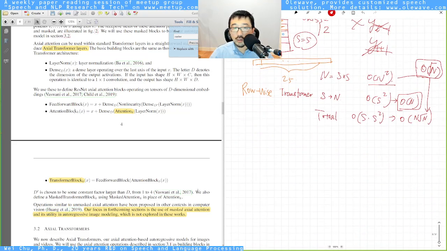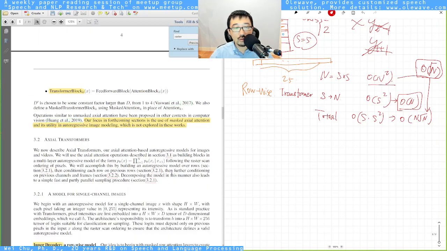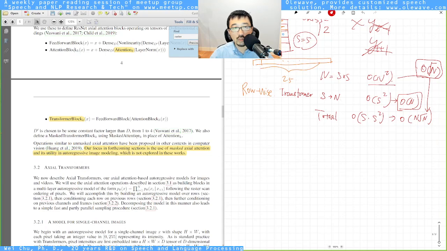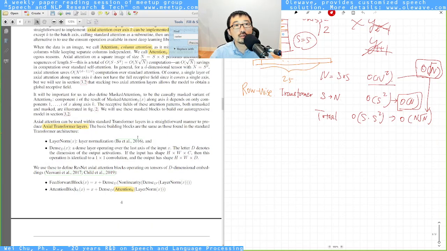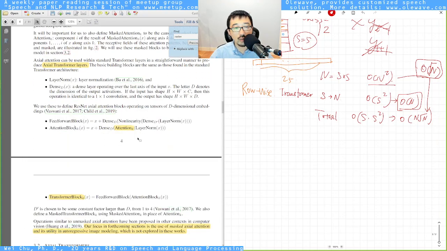Okay, let's see more details of how the axial transformer is done, after we see the axial attention and the axial transformer layers.